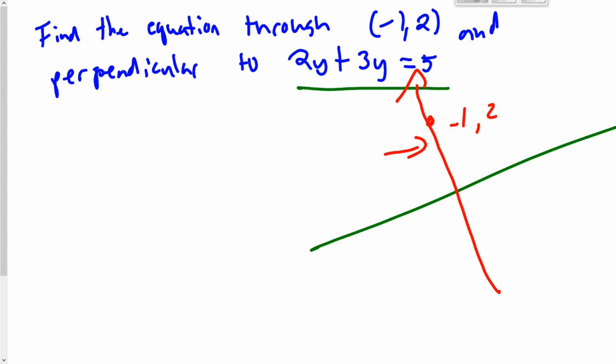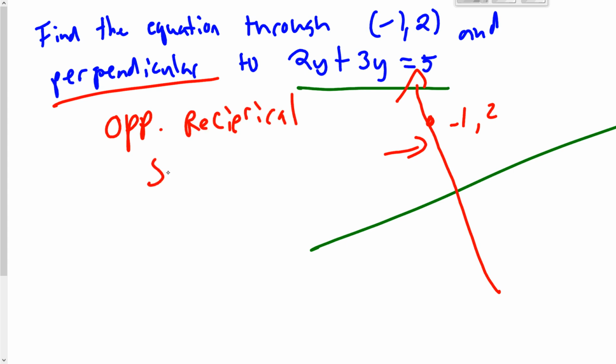What perpendicular means, when we're writing an equation of a line, would be opposite reciprocal slope.